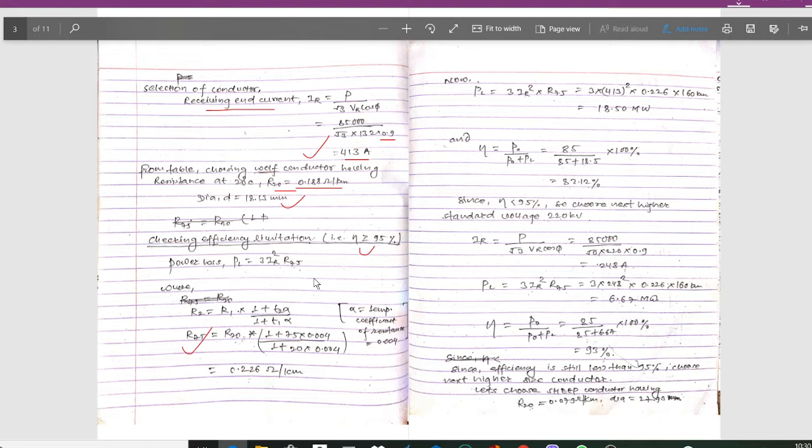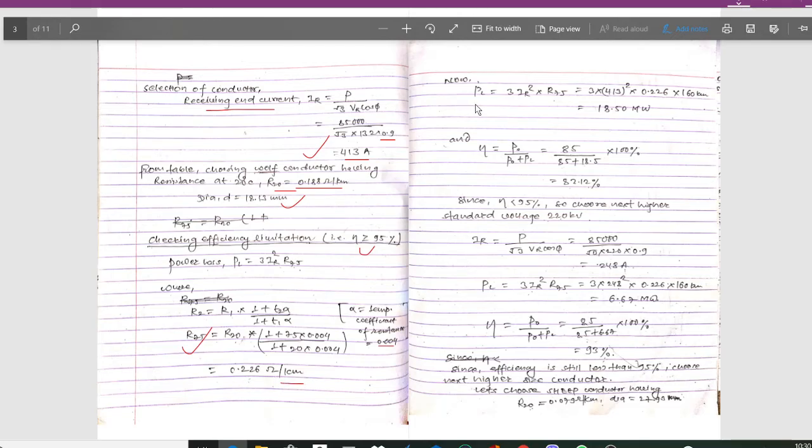So we have to calculate the value of R75. R75 is R20 into 1 plus alpha times 75, divided by 1 plus alpha times 20, where alpha, the temperature coefficient of resistance, is given as 0.004. So the value of R75 will be 0.226 ohm per kilometer.